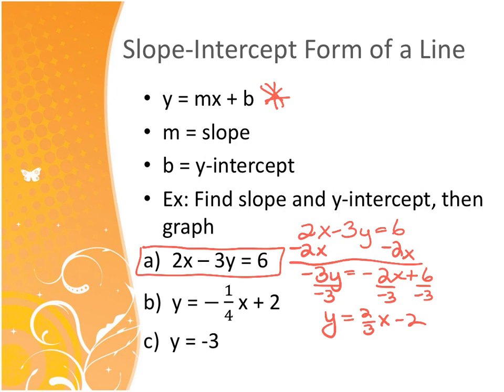Okay, so now that I've got it into y equals mx plus b, I can see that my slope is 2/3 and my y-intercept is the negative 2. So my m for this one is going to be 2/3 and my y-intercept is the negative 2. Now, for example B, it's already set for me.